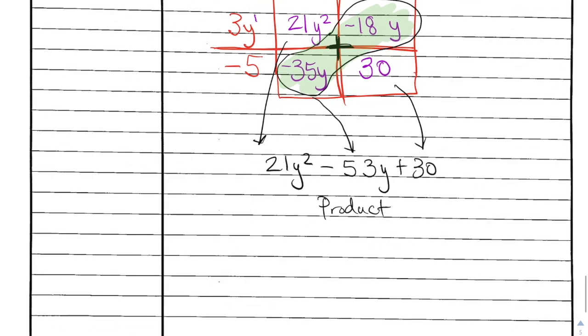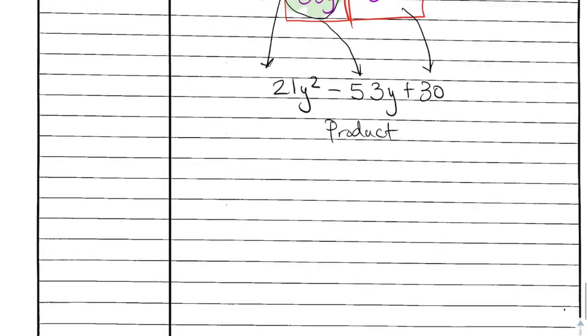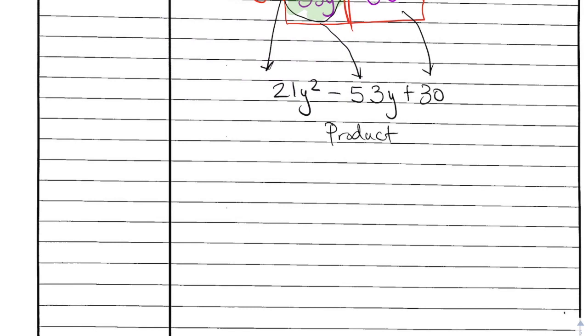Let's do one more. We'll do a trinomial, and then we'll add a little twist there. So let's do 3y plus 4 times 4y to the second plus 2y minus 5.